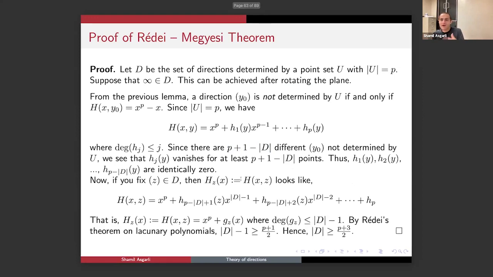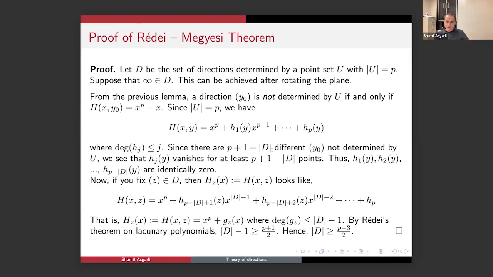And somehow Rédei's other theorem on fully reducible lacunary polynomials shows you that's not the case. So we have an interplay between too many coefficients vanishing and too few directions determined. Since we can't have too many coefficients vanishing, we should have enough directions. That's basically the idea.